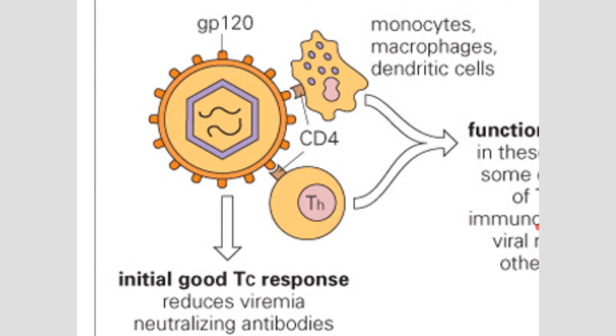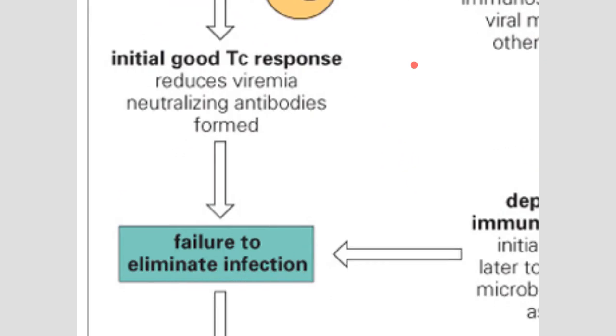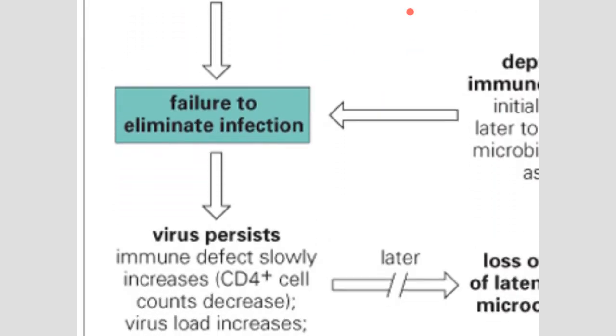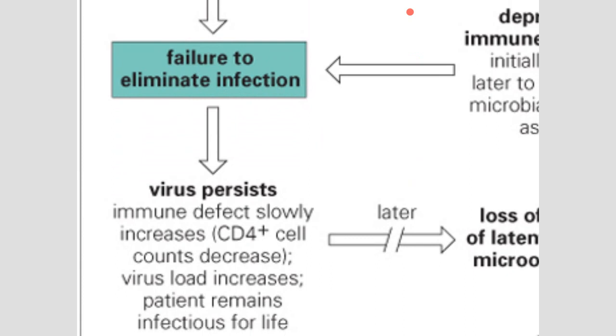So if you do get TC response, which is cytolytic T cell, the other name for the CD8, you get reduction of viremia and you make neutralizing antibodies. So that probably will show you that response.